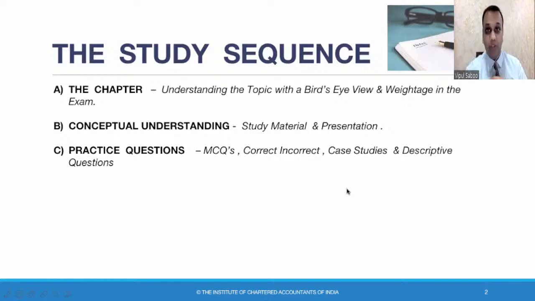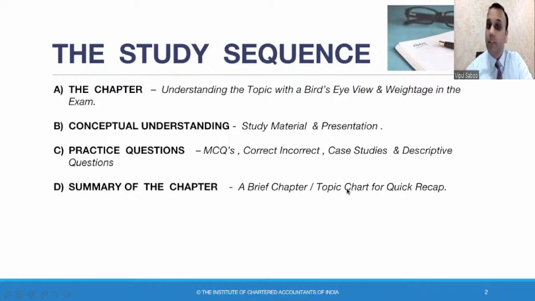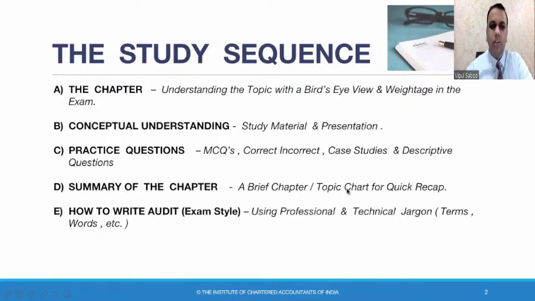The multiple choice questions, integrated case scenarios. So we'll definitely practice one case study relating to this chapter to know where we stand after conceptually understanding the whole chapter. Then a summary of the chapter, and yes, in the conclusion of 2 sessions, I'll also tell you how to write the answers to the questions specifically particular to this chapter.